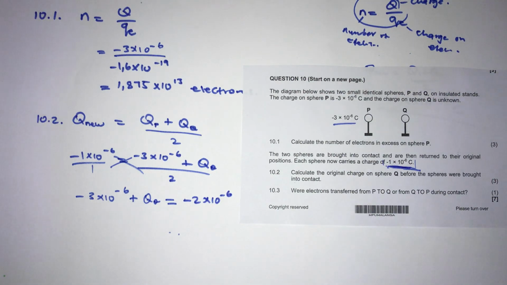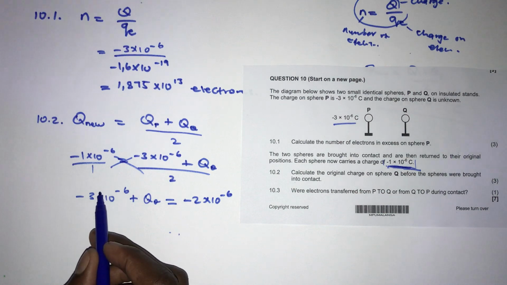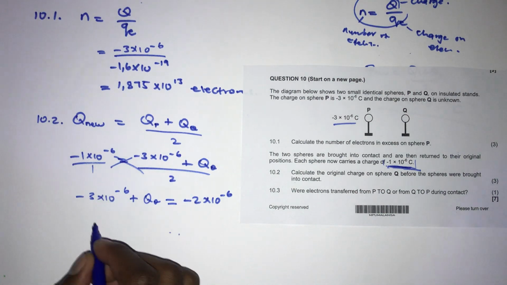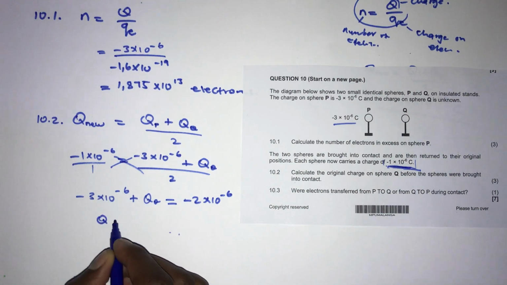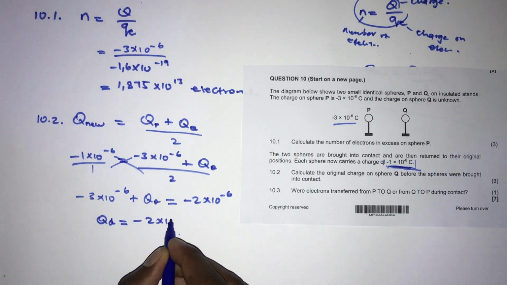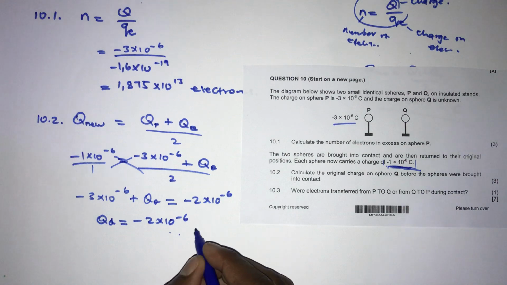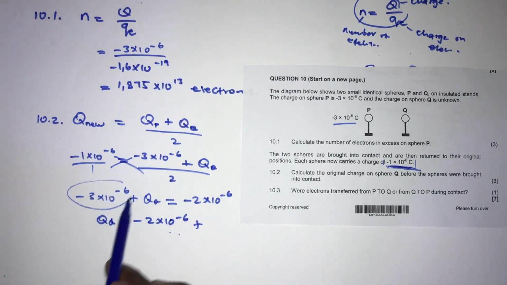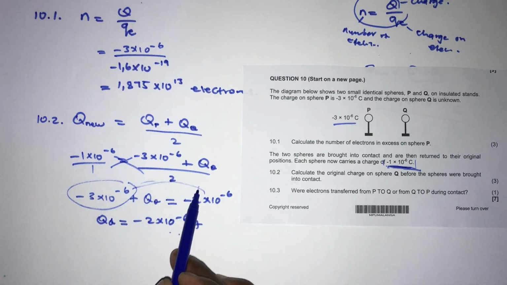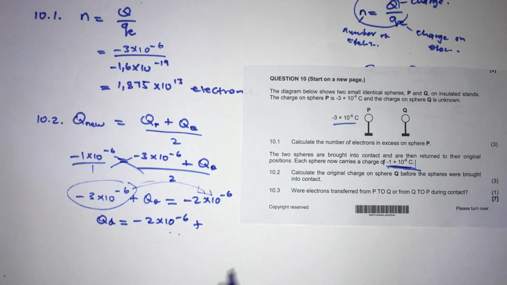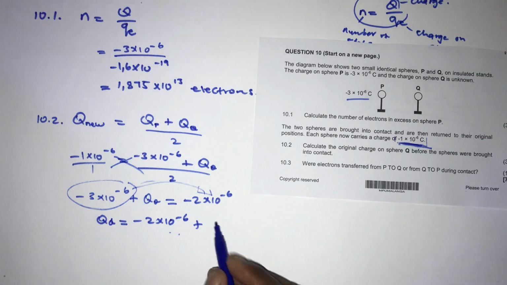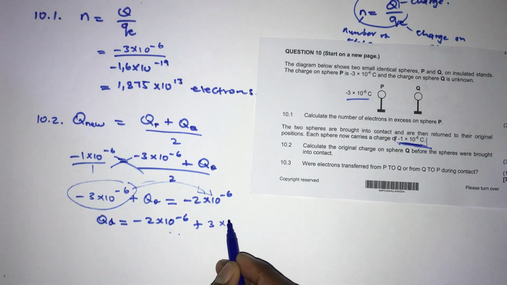Then let's take this one to the other side. The charge on Q is equal to -2 times 10 to the -6 plus, when it goes to the other side, it becomes positive, so now it's 3 times 10 to the -6.